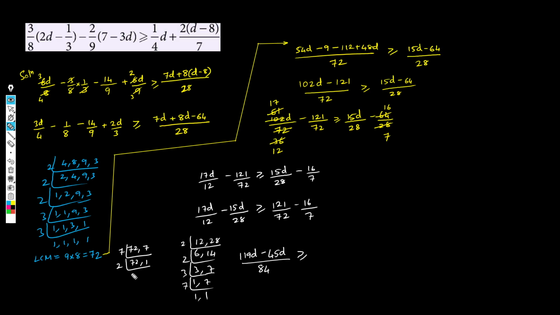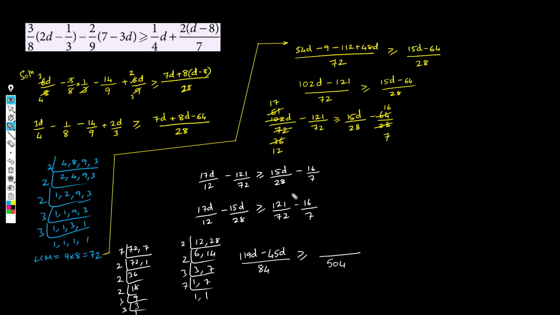So that would be 2 36s are 72, 2 18s are 36, 2 9s are 18, 3 3s are 9, and 3 1s are 3. So basically the LCM of 72 and 7 is nothing but 72 into 7. 72 into 7 is going to give me 504. That's my LCM of 72 and 7.